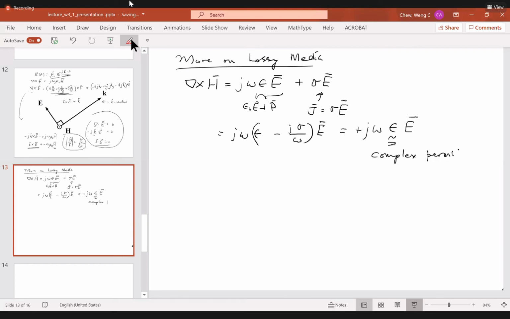So this is no different from Ampere's law in free space, except that epsilon naught in free space or vacuum gets replaced with epsilon tilde. Mathematically, the two equations are homomorphic. I use the term homomorphism because they look so similar, so the math that you have done for free space or vacuum, you can apply to this lossy conductive medium.